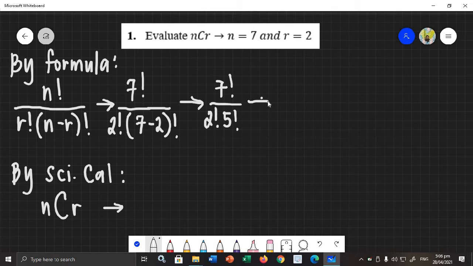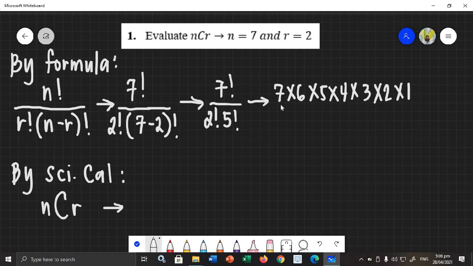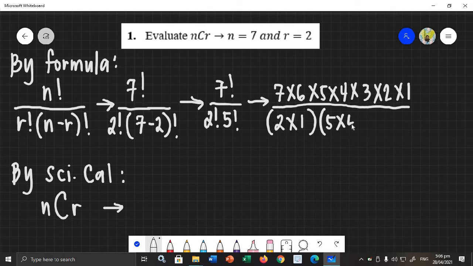And then expressing this, we have 7 times 6 times 5 times 4 times 3 times 2 times 1, all over 2 factorial, which is 2 times 1, and 5 factorial, which is 5 times 4 times 3 times 2 times 1.